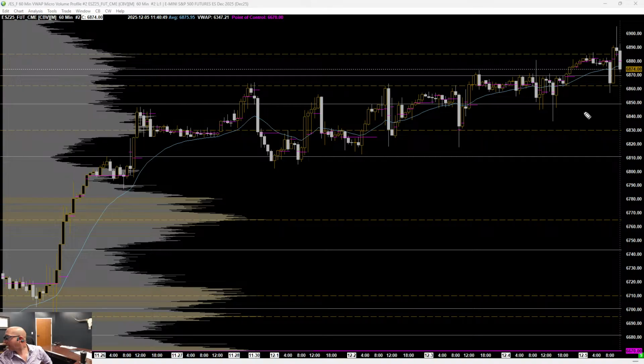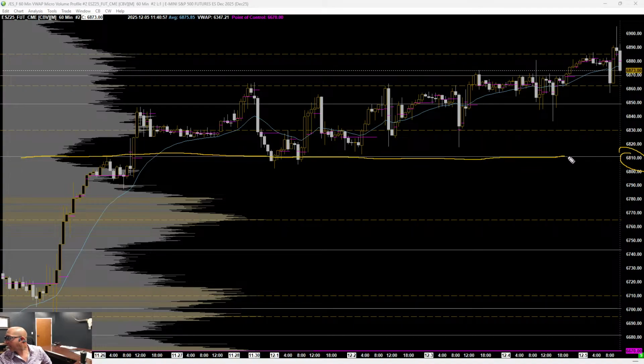We know we had an LVN here at 6810. That's still a prominent LVN on the chart, so carry that forward. And then the high volume node I'd say is at 6830. Really, the high volume node is right in here.